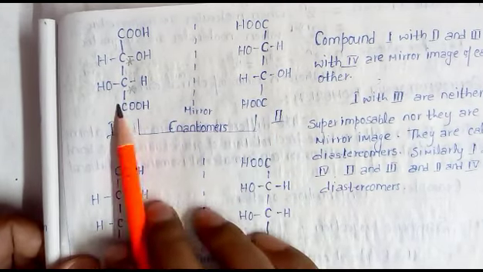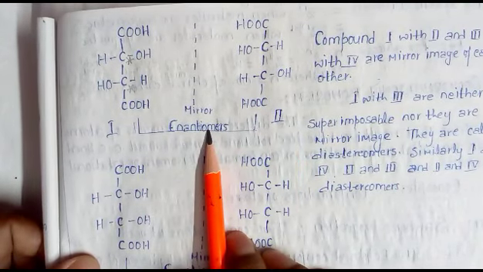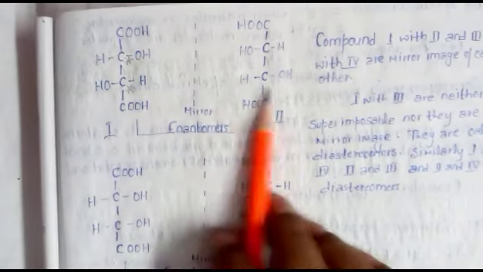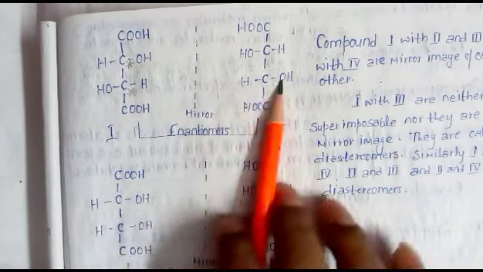It means compound 1 and compound 2 are enantiomers, and both have the same molecular formula, same physical and chemical properties, only differing by the non-superimposable mirror image.